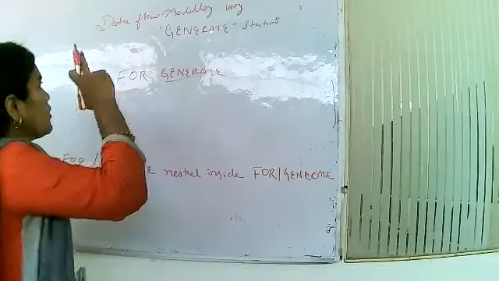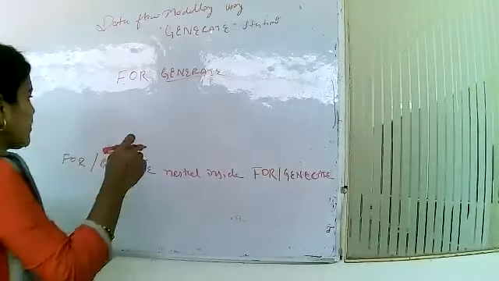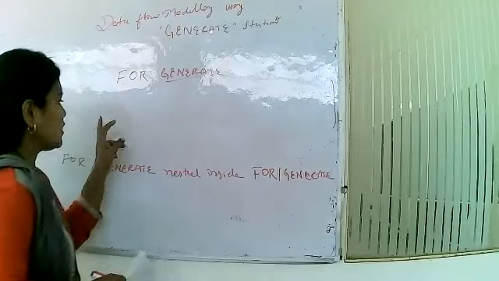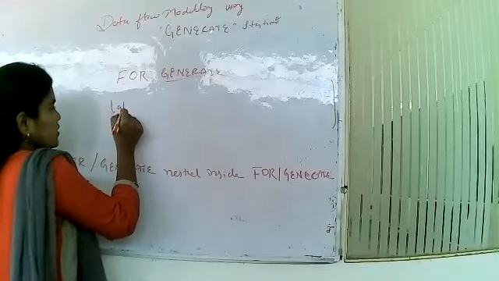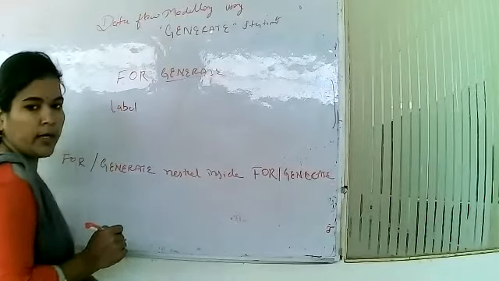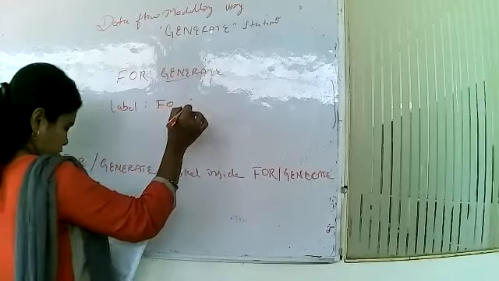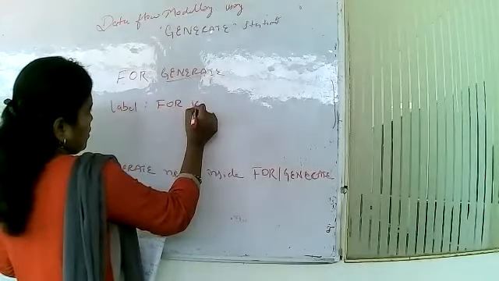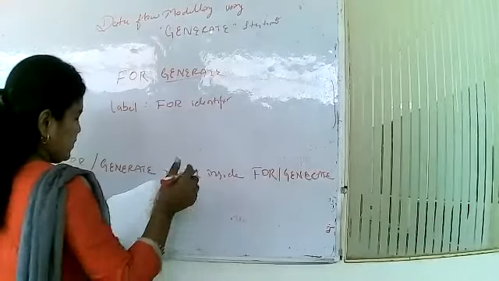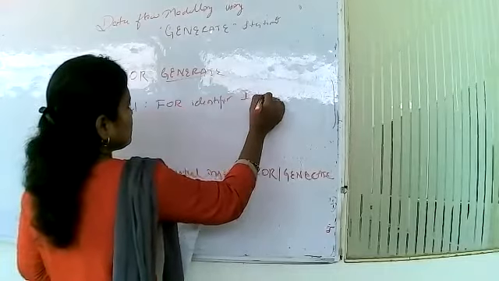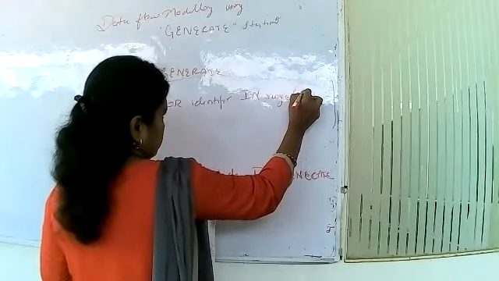What are we studying? Data flow modeling using the generate statement. In that one, I will explain the syntax. If you know the syntax, then only you can write the program. Label or identifier in the range generate.